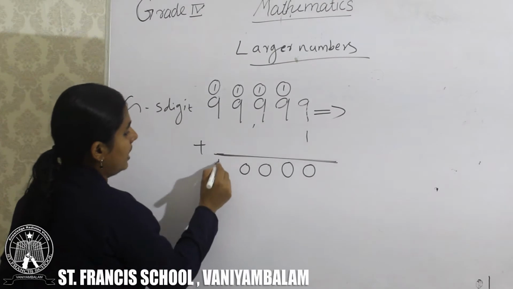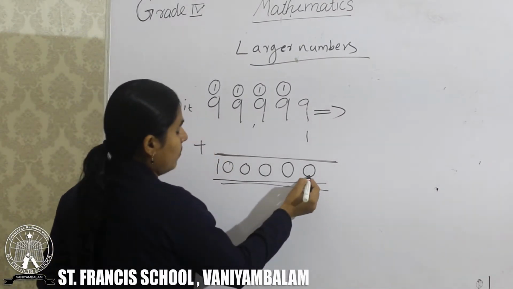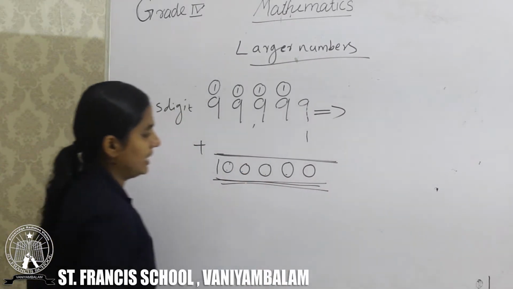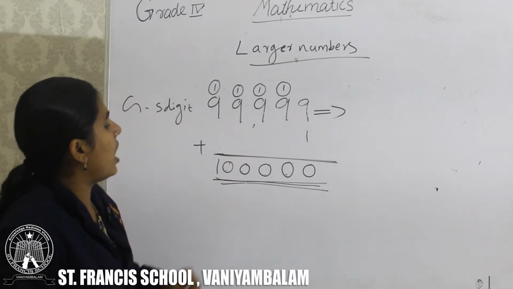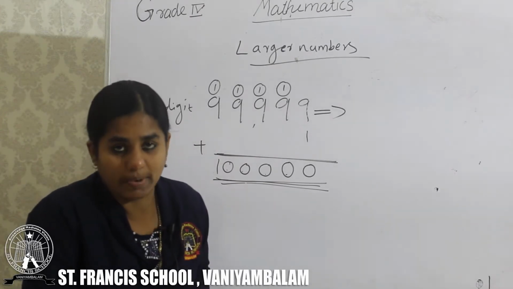Then 9 plus 1, 10. Look here, how many digits are here? 1, 2, 3, 4, 5, 6. This is a 6-digit number. That means greatest 5-digit number plus 1, we get the smallest 6-digit number.